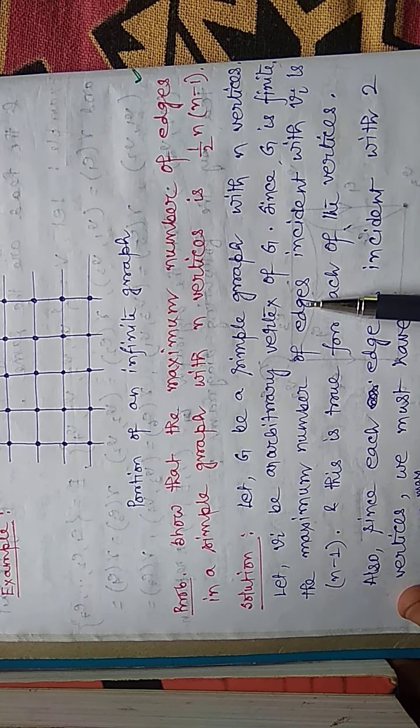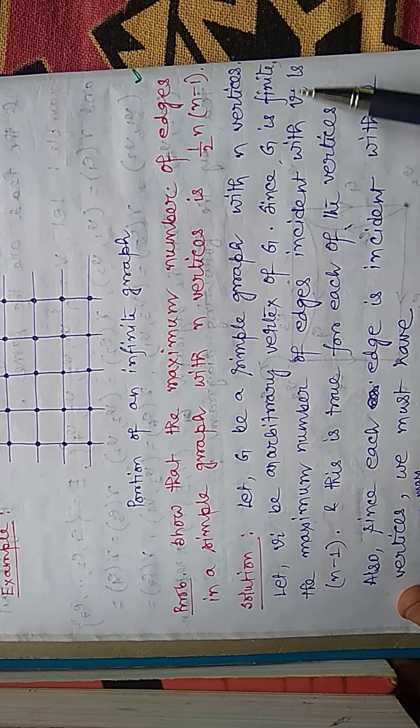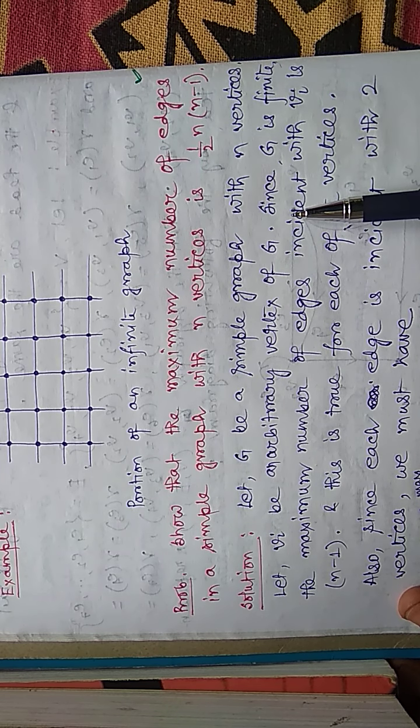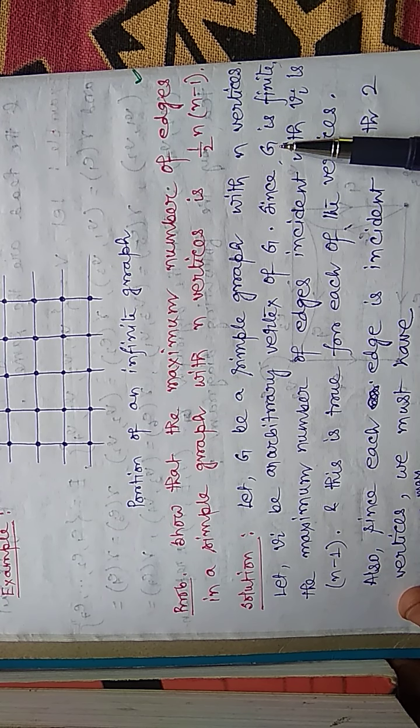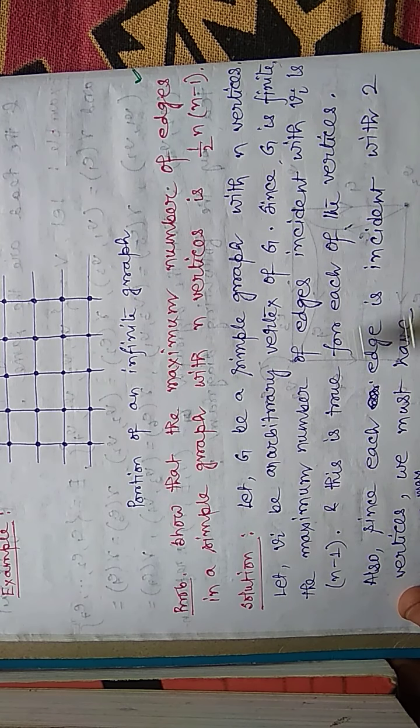So the maximum number of edges incident with Vi is n minus 1. Why is this? Because this is a simple graph, so there is no loop or no parallel edges. So at most there are n minus 1 edges incident with that particular vertex Vi, and this is true for every vertex of that graph.